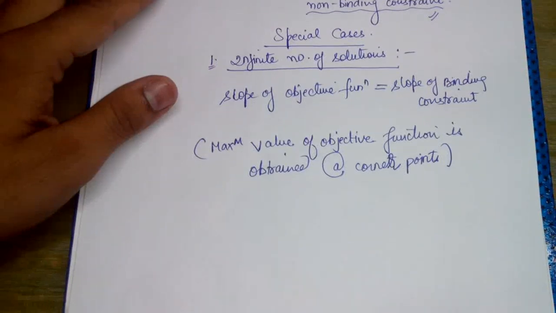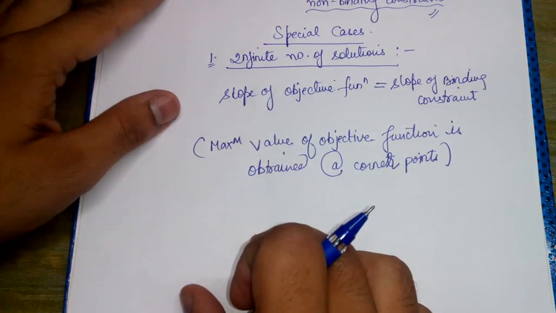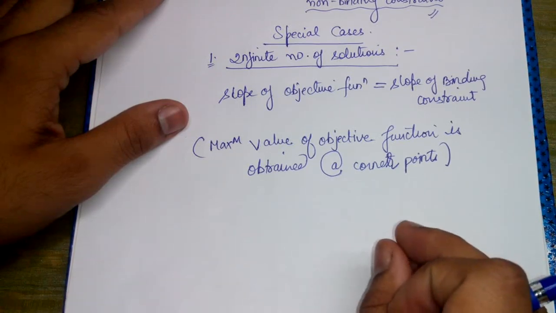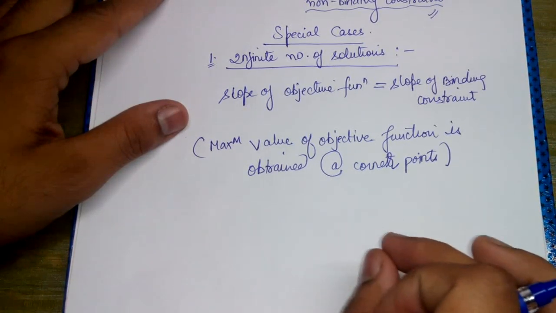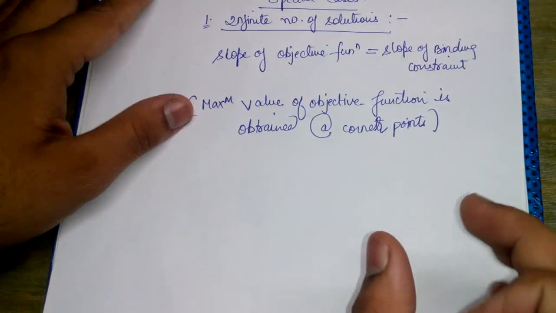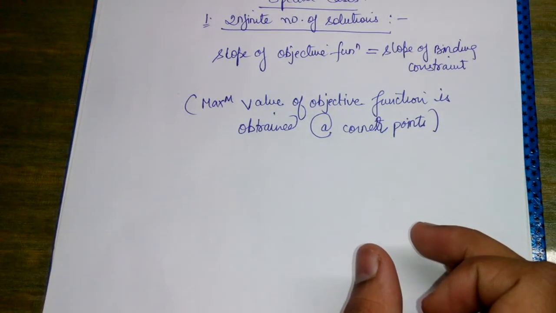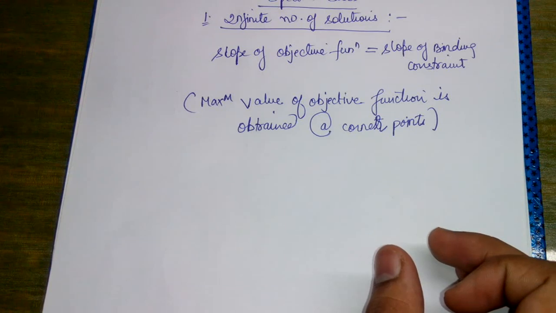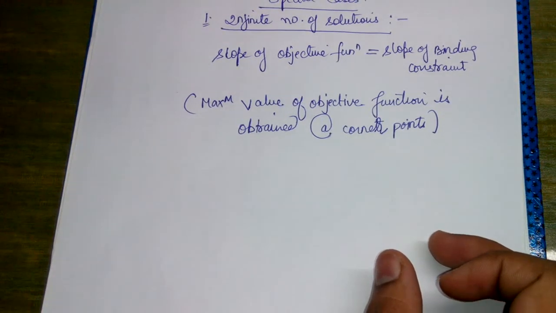Infinite number of solutions simply means we get the same optimum value of the objective function for different varying variables. If we have different varying variables, we will obtain the same value corresponding to those variables. So this was about the infinite number of solutions.